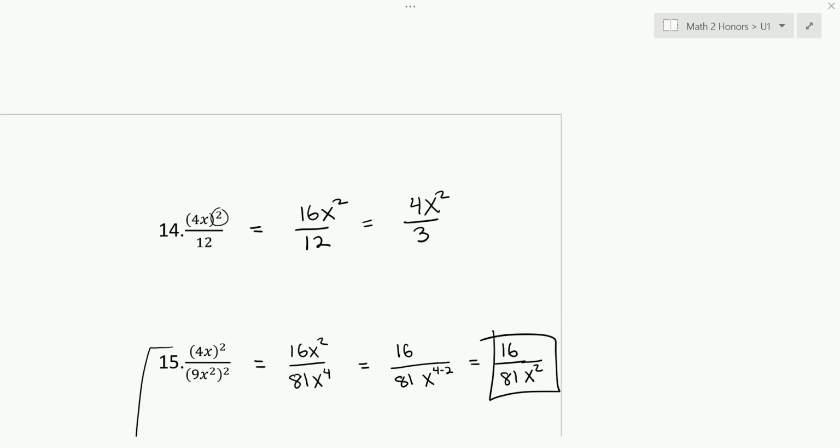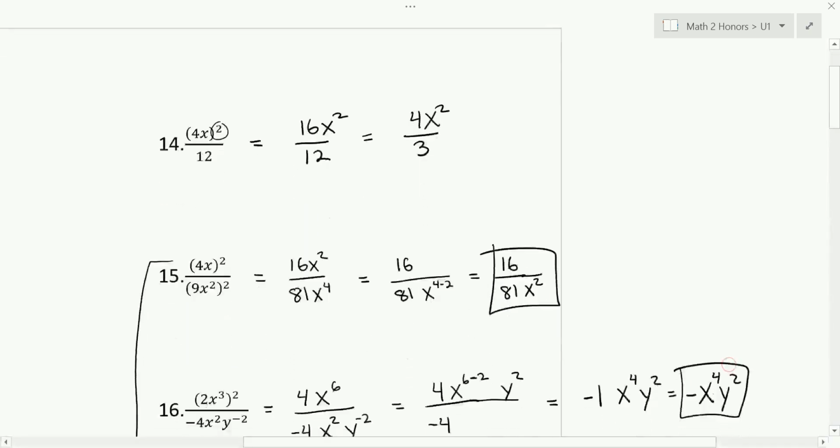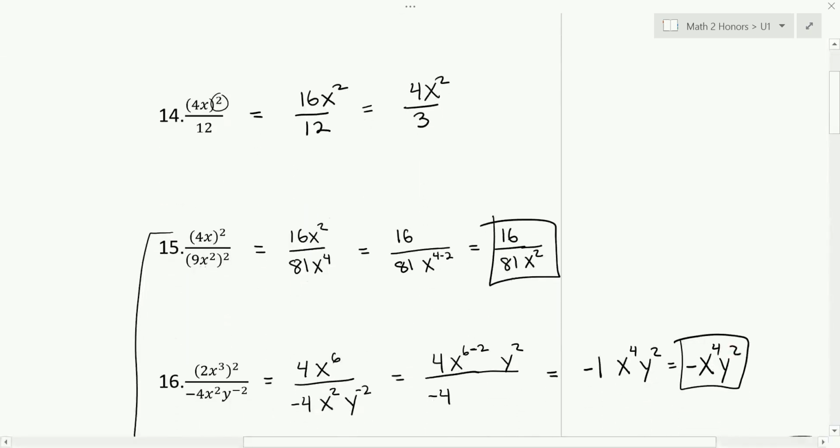16, Jace, what'd you get? Very good. Okay. Now there's an important thing to note on 16, and you may want to jot this down. There's a difference between a negative exponent and a negative number. Okay.